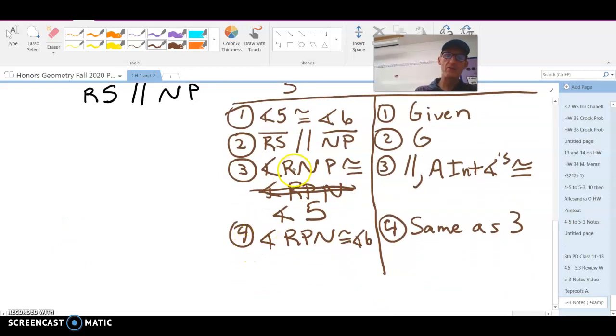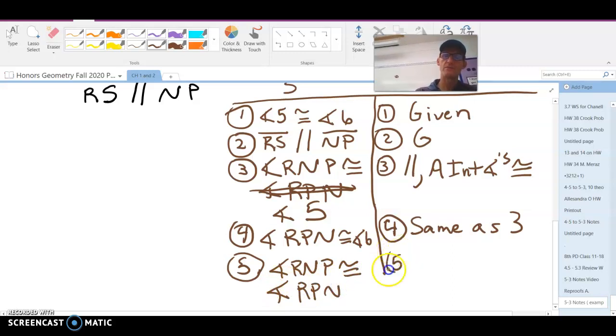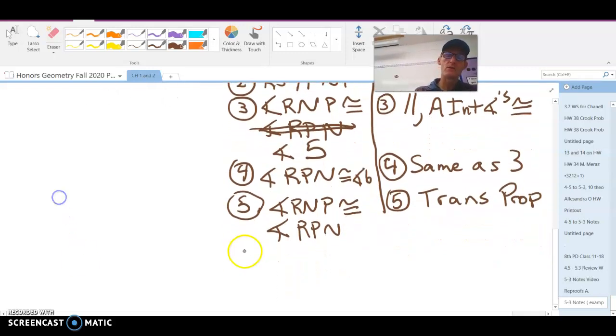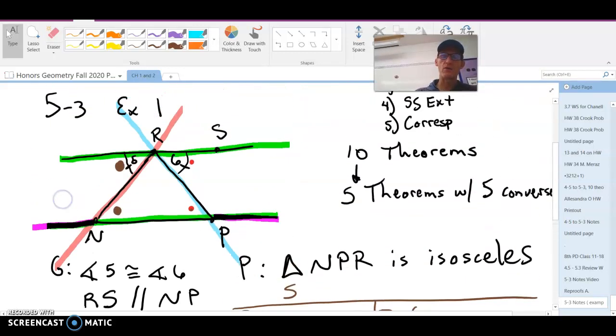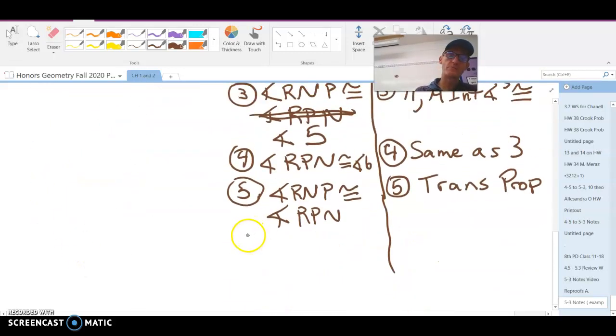Okay, now RNP is congruent to RPN by transitive property. Angle RNP is congruent to angle RPN by the transitive property. That tells us that the triangle is isosceles now. So it was triangle NPR. Triangle NPR is isosceles.